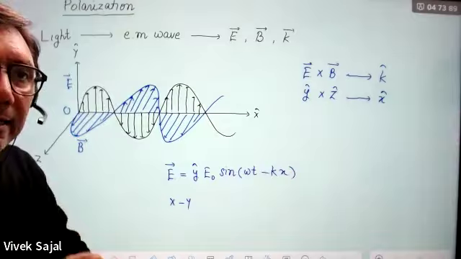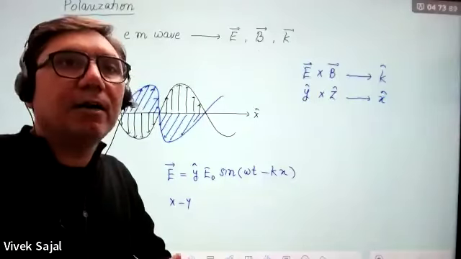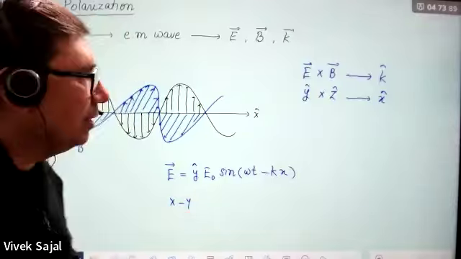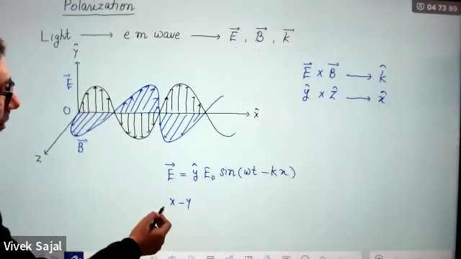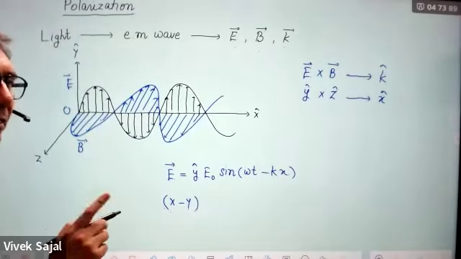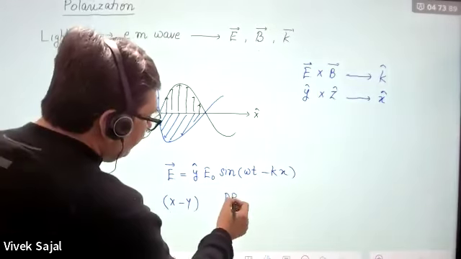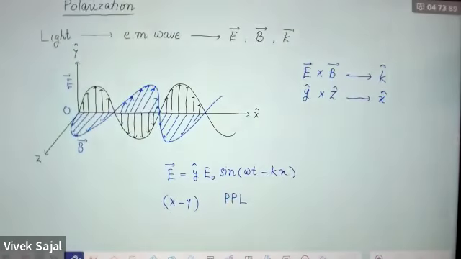So plane polarized light is light for which all the electric vectors are confined in a particular plane. For example, here all the electric vectors are confined in the XY plane. So that type of light is called plane polarized light. So what is plane polarized light?